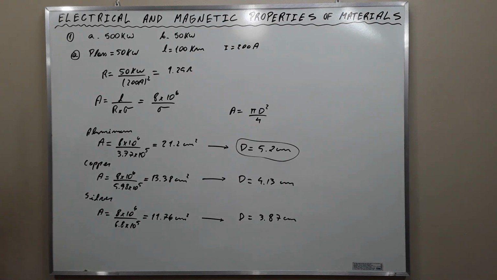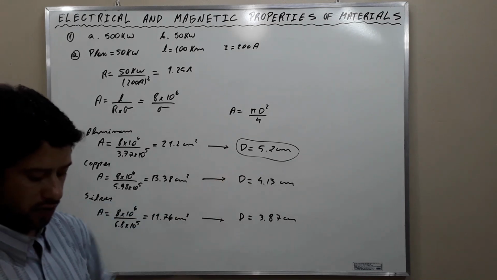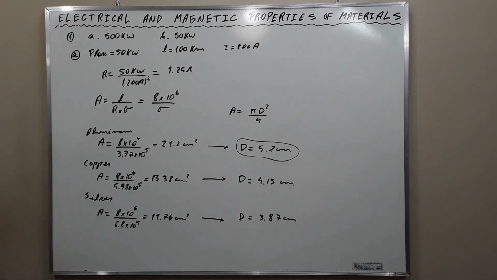As copper and silver are too expensive for a 100 kilometers transmission cable, and since a cable of pure aluminum with a diameter of 5.2 centimeters would greatly sag under its own weight, it is infeasible to expect a cable to have only 50 kilowatts of a power loss over 100 kilometers.